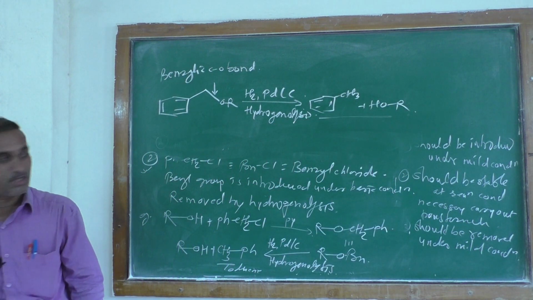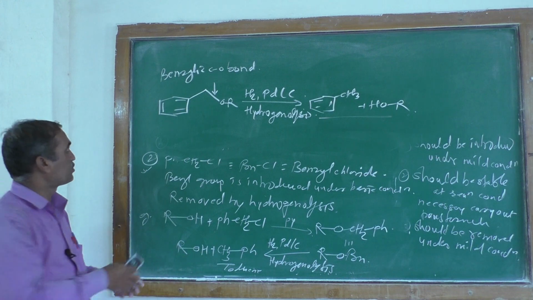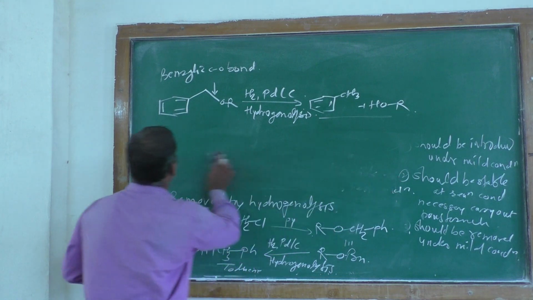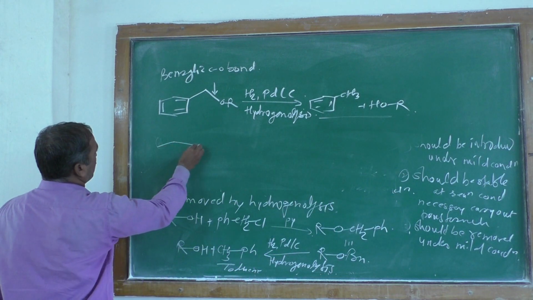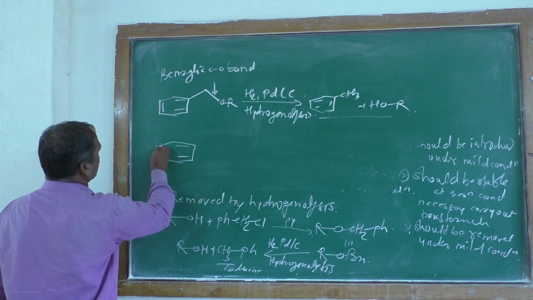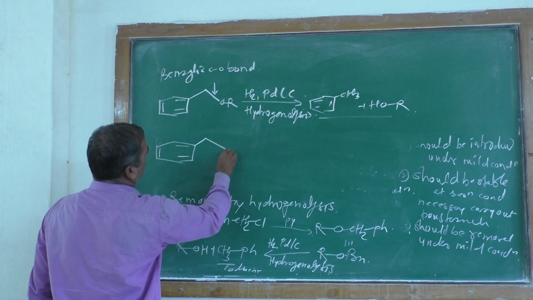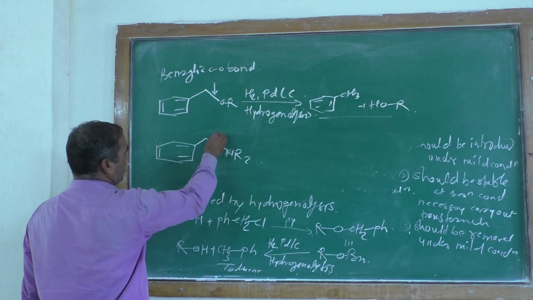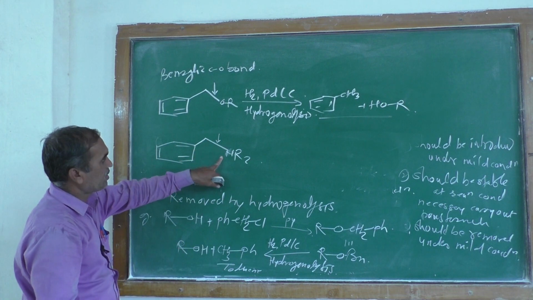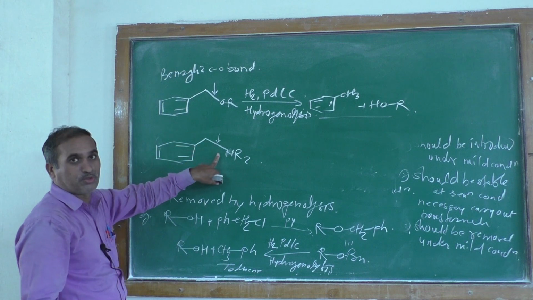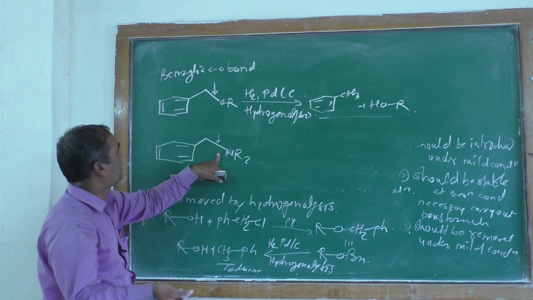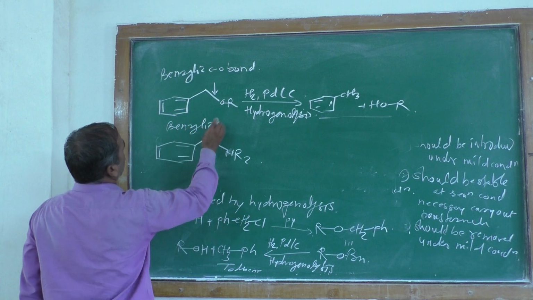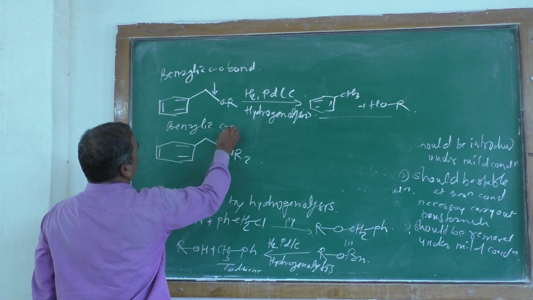Remember this one. Suppose in another way, we have another example. Let us see here, NR2, right? This is the bond between this carbon and nitrogen. This bond is going to cleave, going to break here, and this is nothing but the benzylic C-N bond.